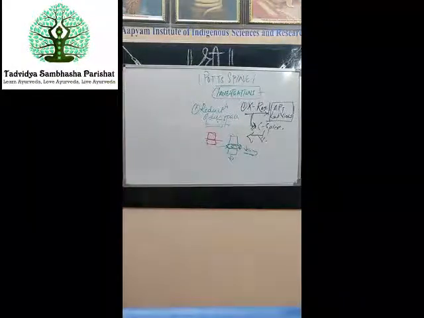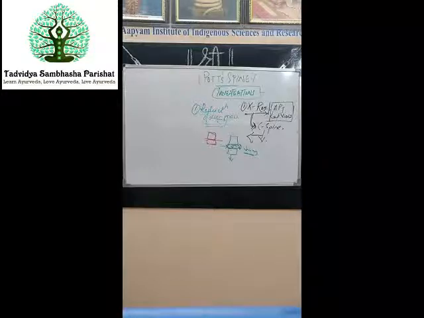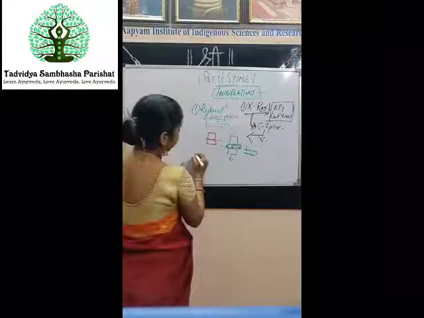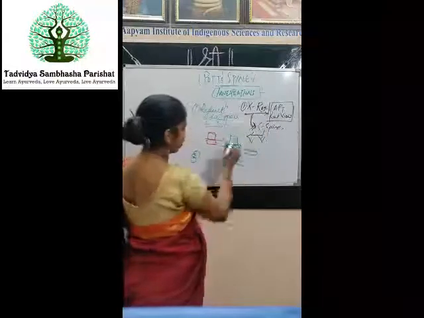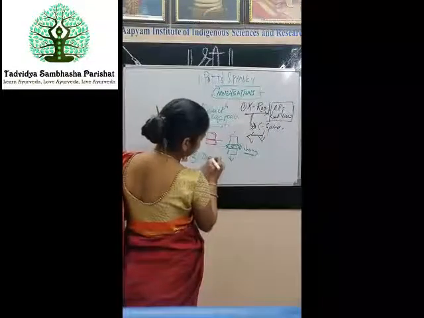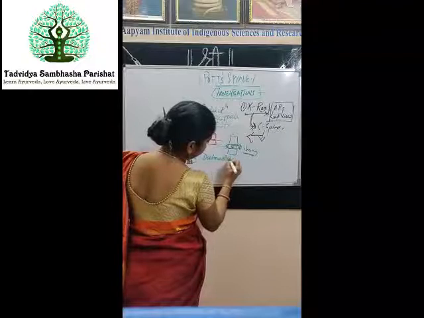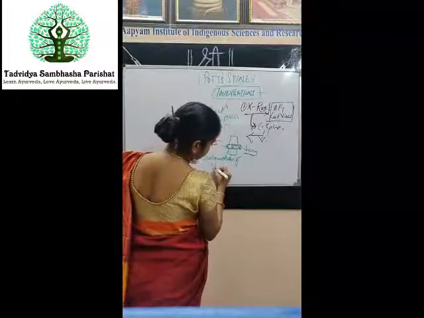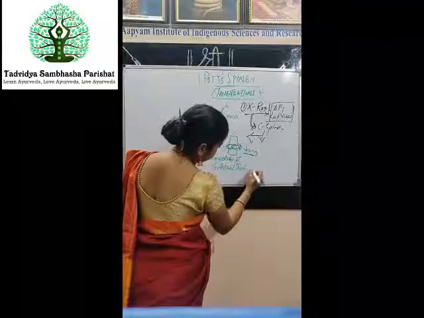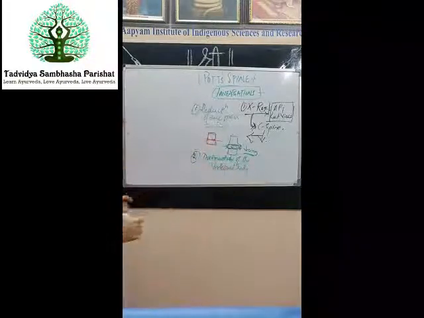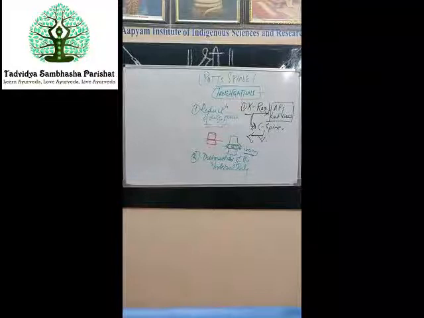Now the next thing we have to look for is the destruction of the vertebral body. This is the next important thing we have to look for in an X-ray, that is destruction of the vertebral body.